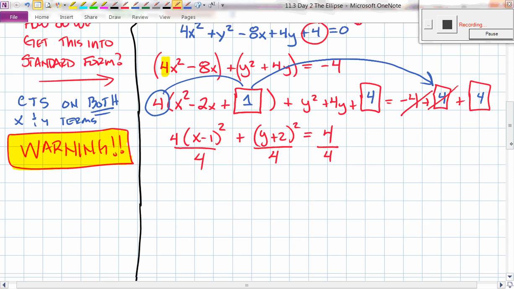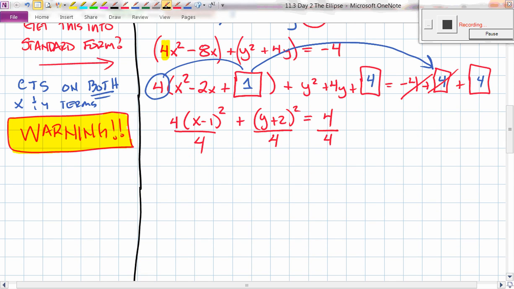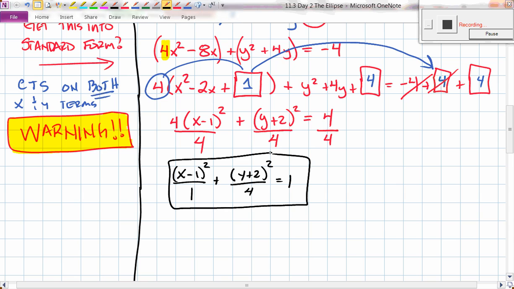So something nice happens for us over here. So my equation looks something like this. X minus 1 squared over 1 plus y plus 2 squared over 4 is equal to 1. Now I'm in business, aren't I? Now I have something that I can work with. You guys with me? Okay, let's figure out all the pieces that we need here. Is this an up-down or a left-right? This is a left-right.